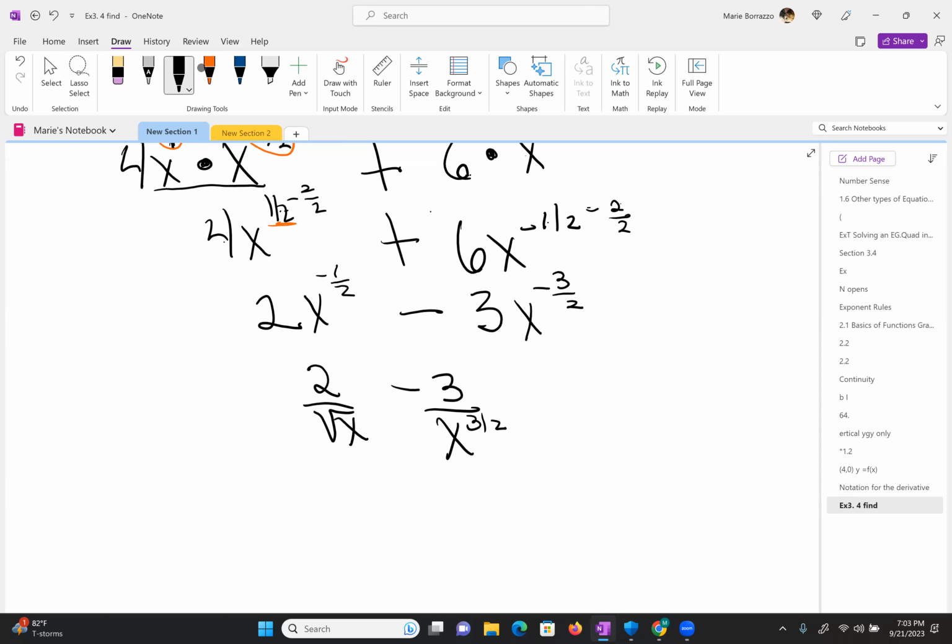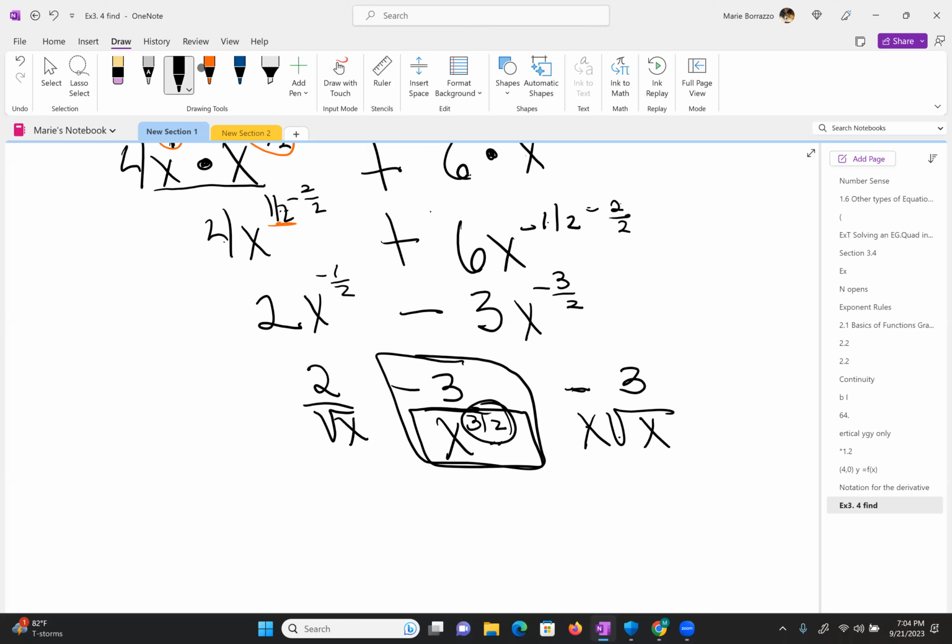Which technically can be expressed as a power of 1 times the root of the same value. So x times square root of x with a negative 3 on top, that's what this term is. That's what this means. Because I have a 2/2, well, x to the 2/2 is this x right here.